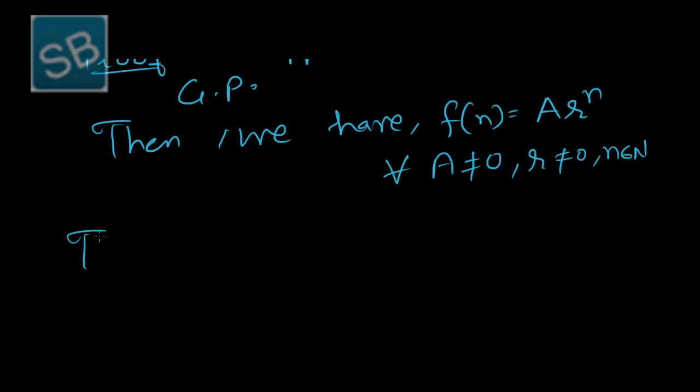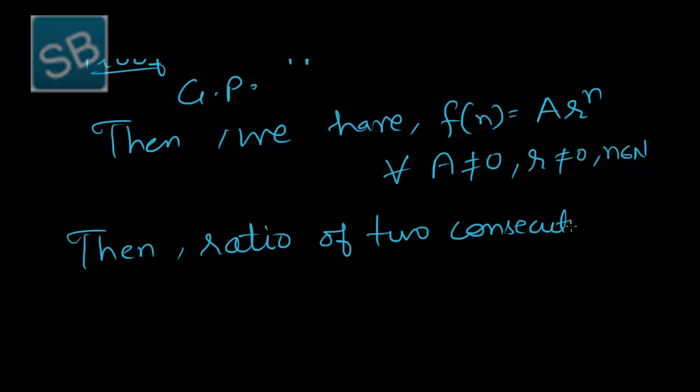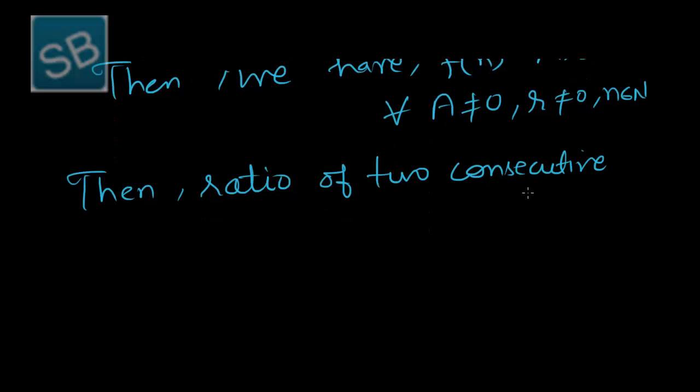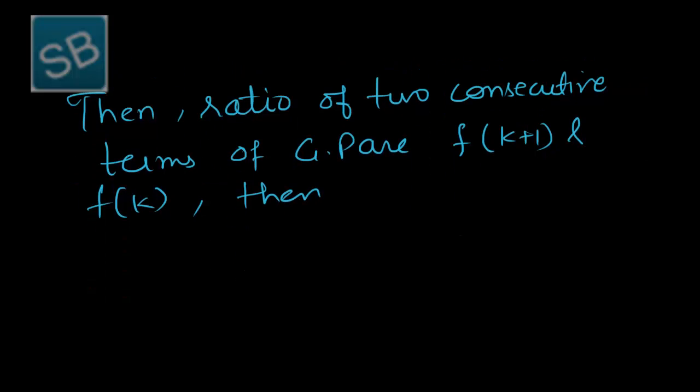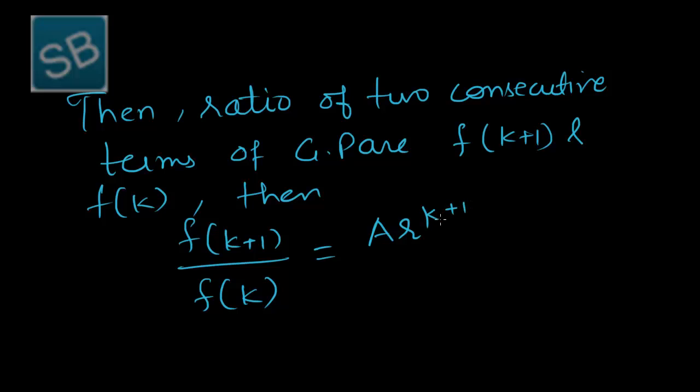Then consider the ratio of two consecutive terms of the GP, such that f of k plus 1 and f of k. Then the ratio f of k plus 1 over f of k is equal to a r raised to power k plus 1 over a into r raised to power k.